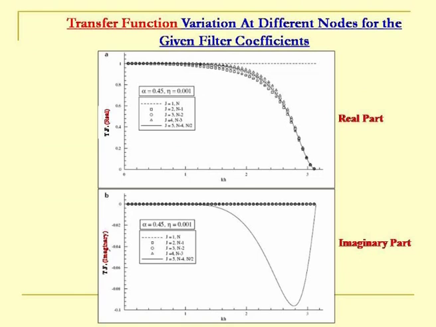Now, what you are seeing is the transfer function of this upwind filter at different nodes, and for different values of the upwind coefficient. This is eta equal to 0.001. Top you are seeing the real part, which tells you how things are. For the first and the last point, the variables do not change at all. They just remain the same.